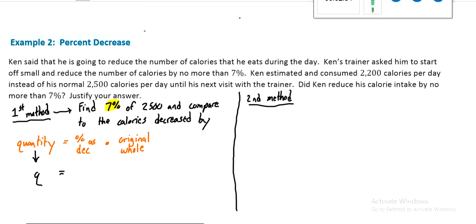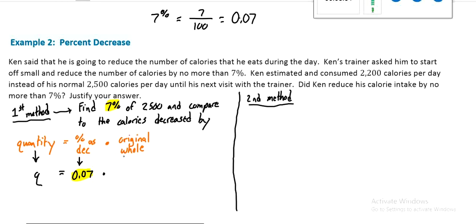Remember, you can make that a fraction first by putting a fraction bar over 100, put the 7 on top, do 7 divided by 100, and you end up with 0.07, which is what we will put in for our percent as a decimal.